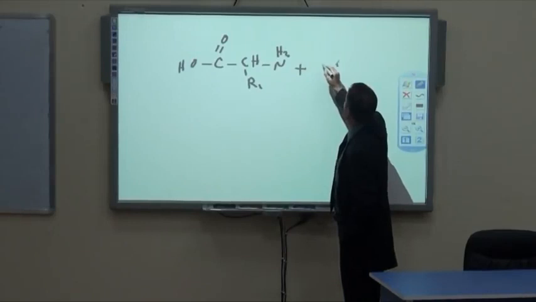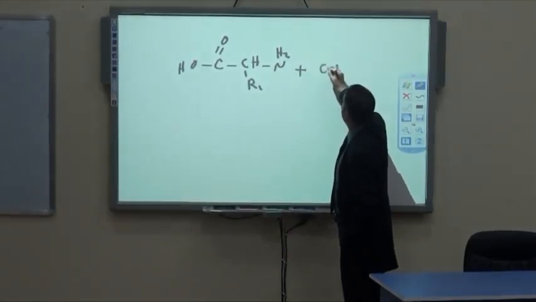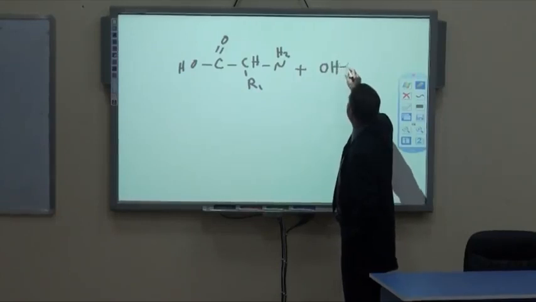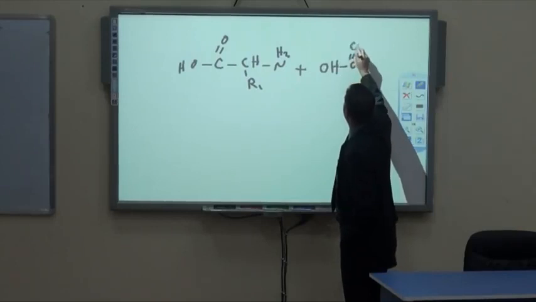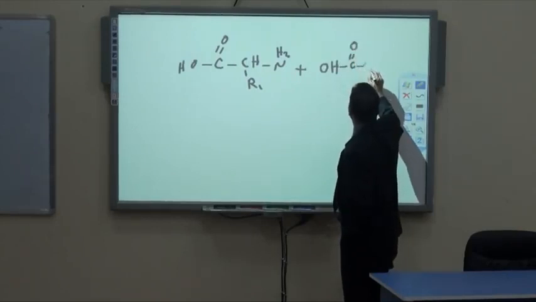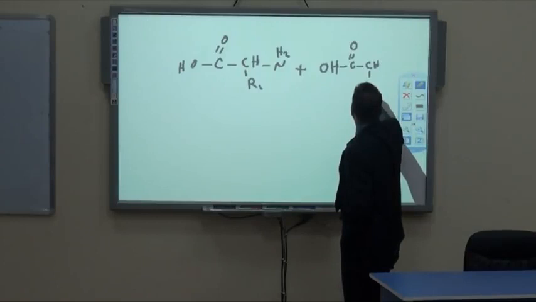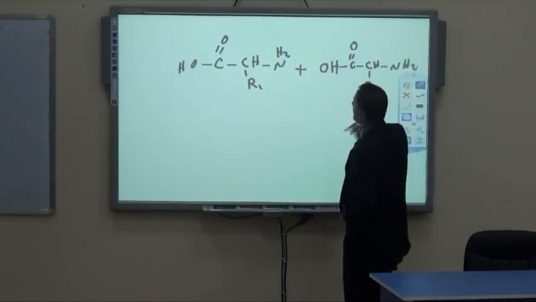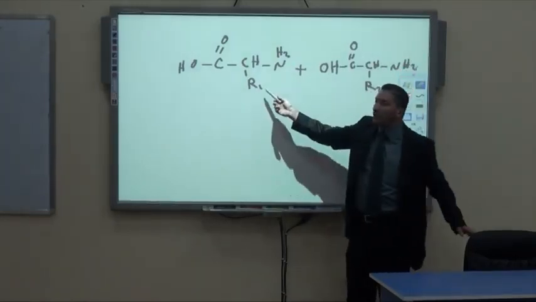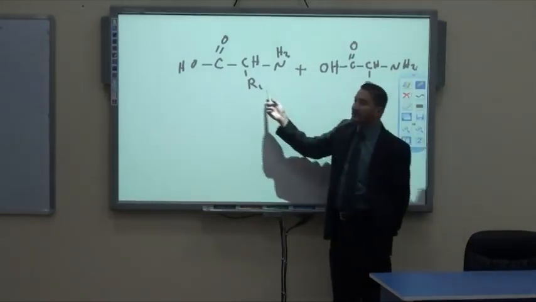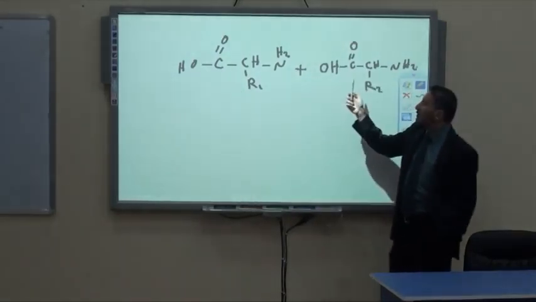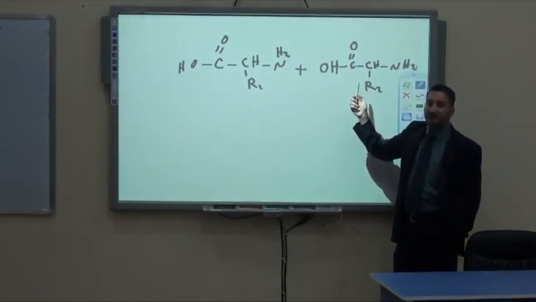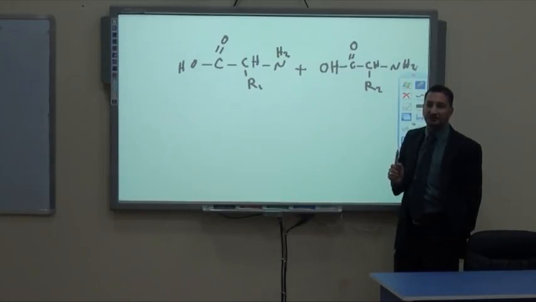If we react one with another, suppose R1 equals H, hydrogen, so it is the amino acid glycine, reacting with another amino acid like alanine, where R2 equals CH3.